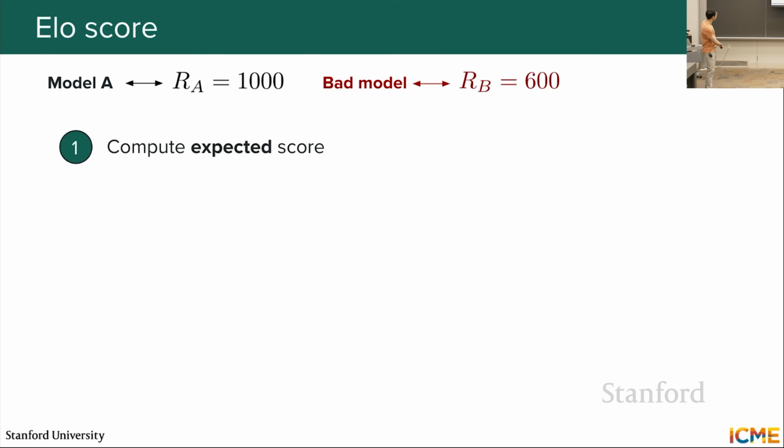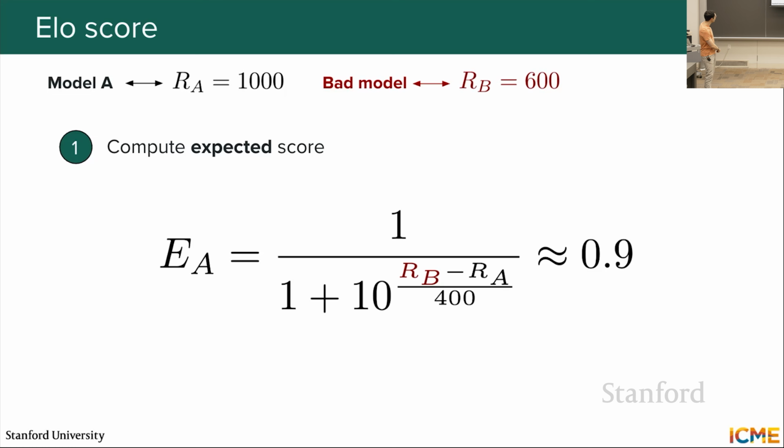So one idea could be to compute the score that we think would happen if those models perform like they did in the past. So let's compute the expected score, and for that, let's just use this formula.